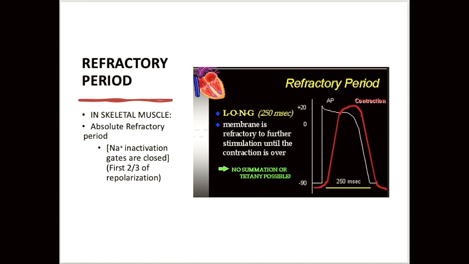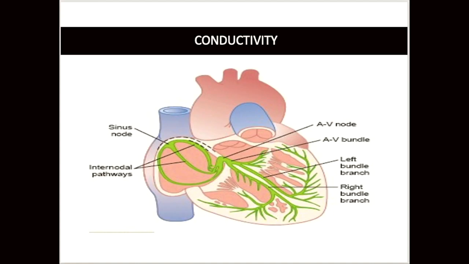And the relative refractory period, what is it? It's a period during which an already excited cardiac muscle can be re-excited by a stronger than normal cardiac impulse, and this period is called relative refractory period. Next property is conductivity.